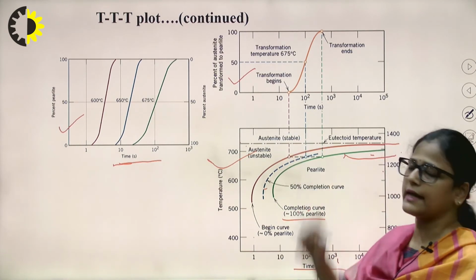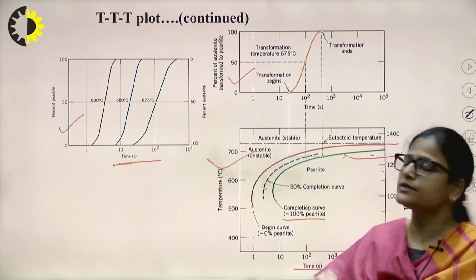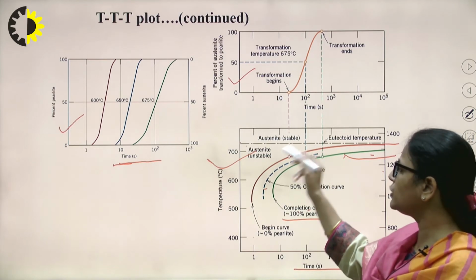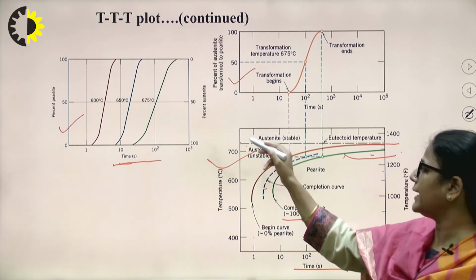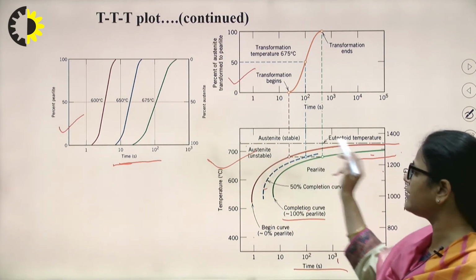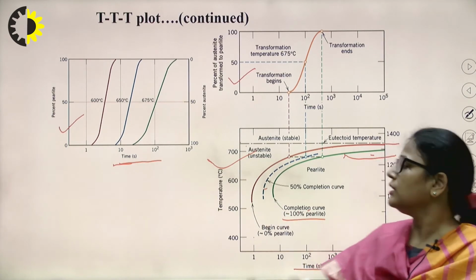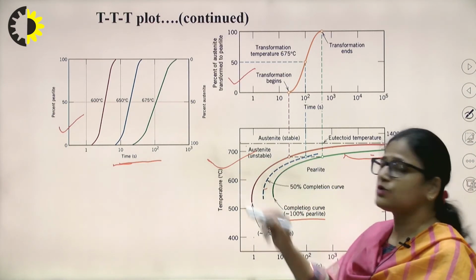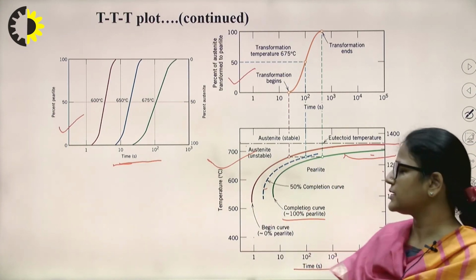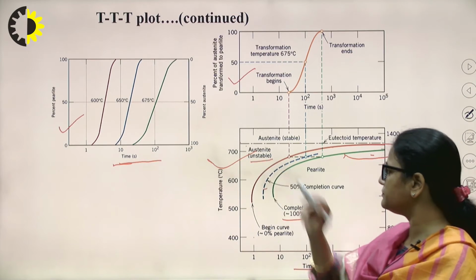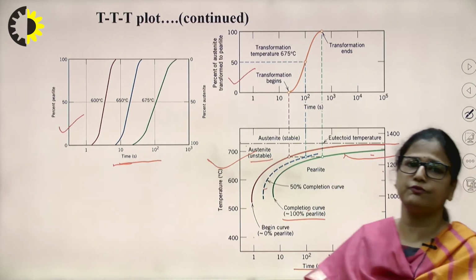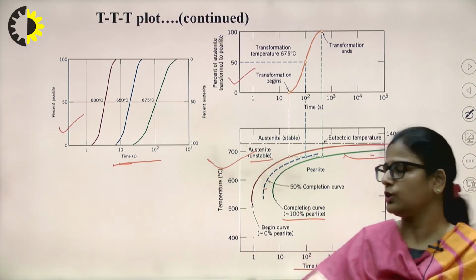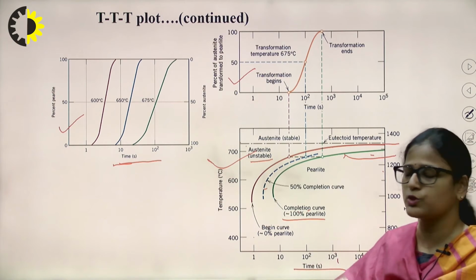Above this line, the FeC alloy is austenite, and below this horizontal line, on the left side of the red curve, the phase is austenite, the unstable phase. This curve is valid only for the eutectoid alloy, which has the eutectoid composition.